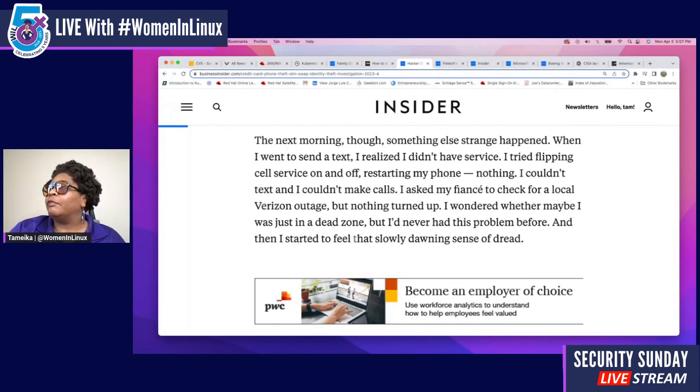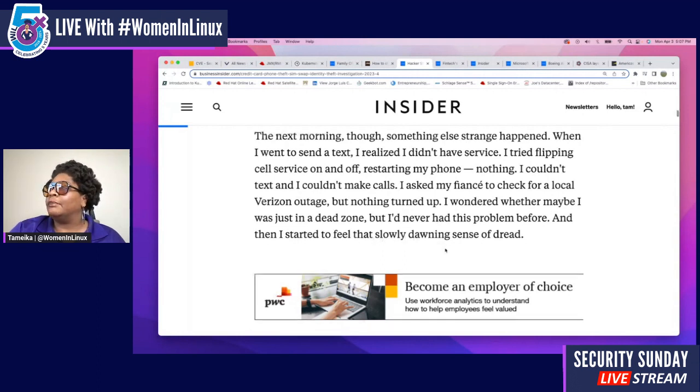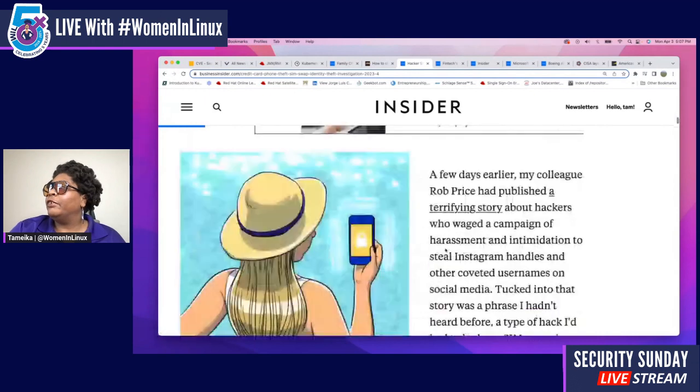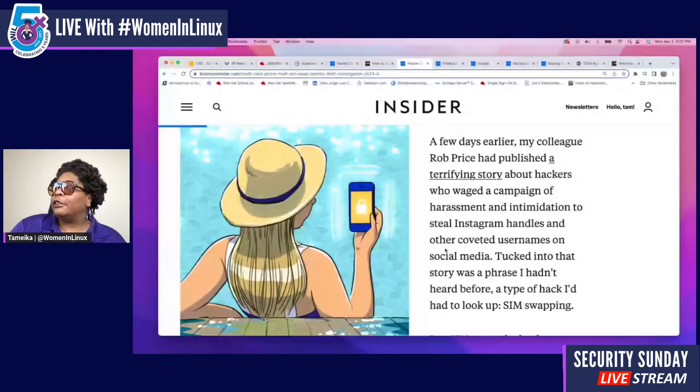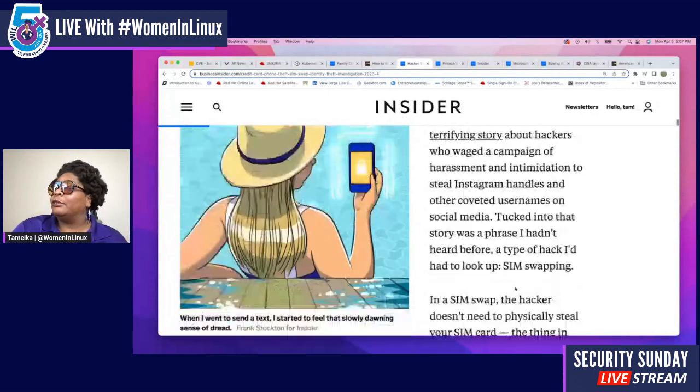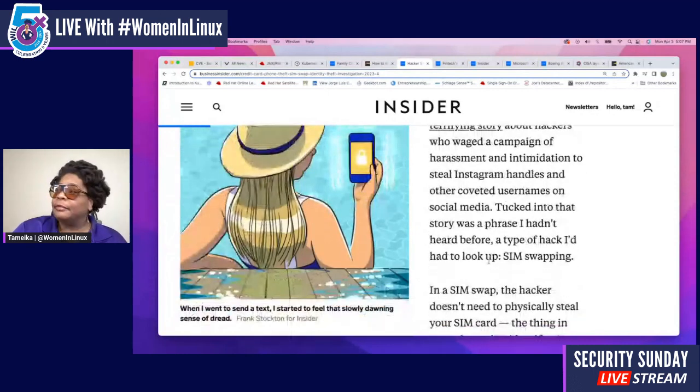And that's when I started to feel that slowly dawning sense of dread, right? A few days earlier, my colleague Rob Price had published a terrifying story about hackers who waged a campaign of harassment and intimidation to steal Instagram handles and other coveted usernames on social media. Tucked into that story was a phrase I hadn't heard before, a type of hack I had to look up: SIM swapping.